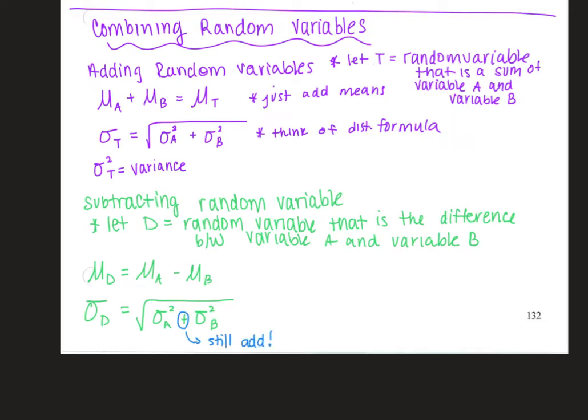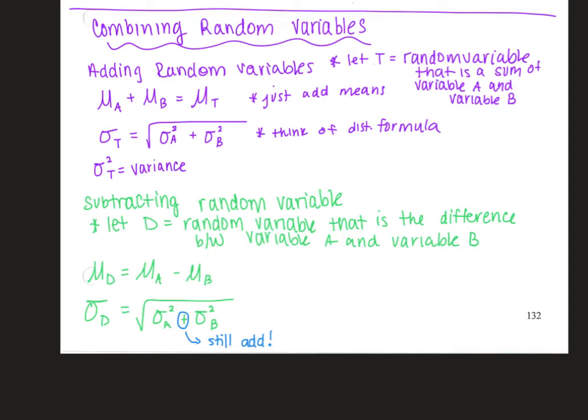So the standard deviation doesn't change whether you're adding or subtracting variables. But when you're adding or subtracting variables, the mean does change sign. You'll either add them or you'll subtract them. So these are the rules for combining random variables.